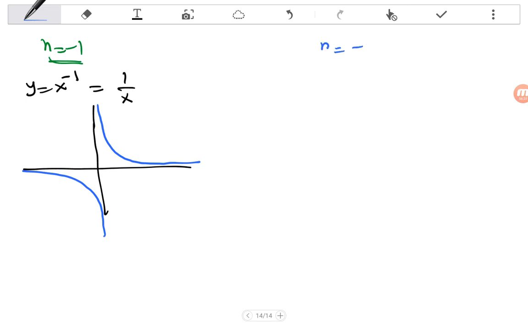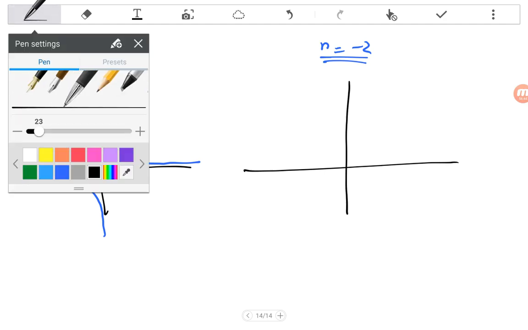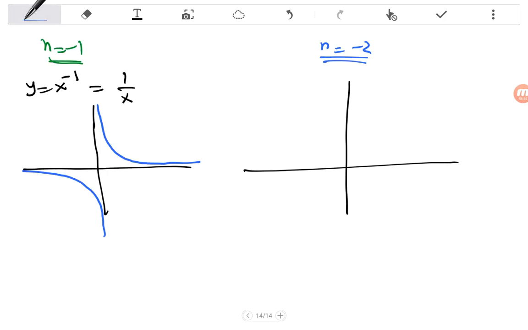What about n is equal to -2? For n equal to -2, that is y is equal to x power -2, which is 1 over x squared.